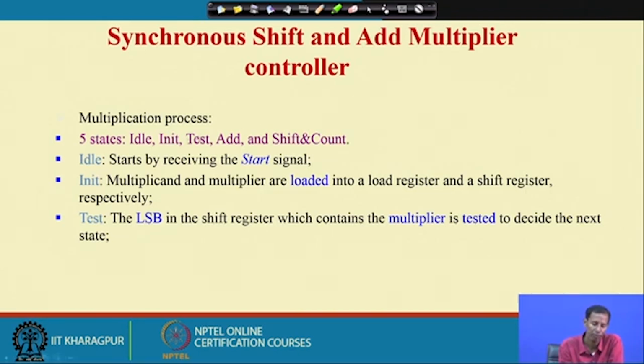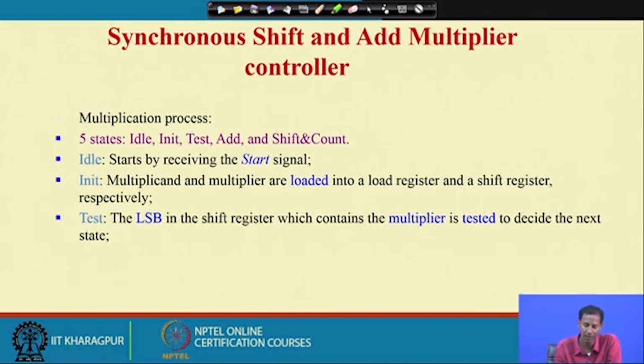So, it has 5 states which are idle, initial, test, add and shift and count. So, in the idle state, it starts by receiving the start signal. That means, whenever this start signal is 1 or high, it will start the operation of the corresponding multiplication.